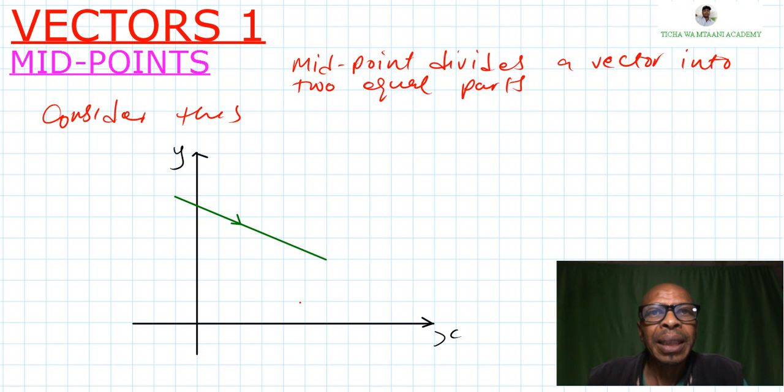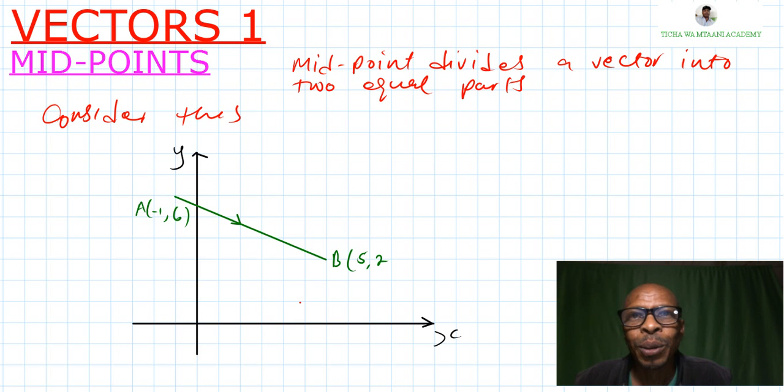The coordinates of A are -1 and 6, and for B we have 5 and 2. So we can draw the position vectors. That will give us position vector OA.